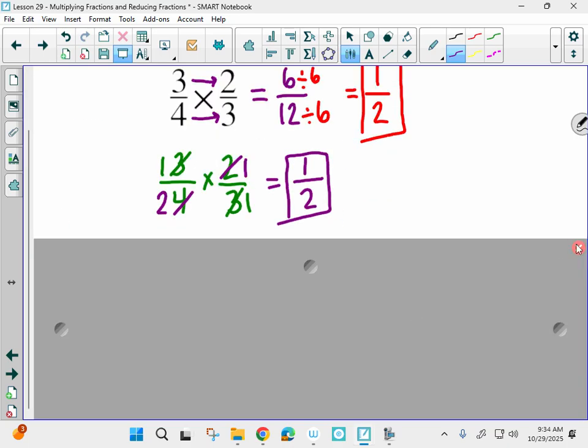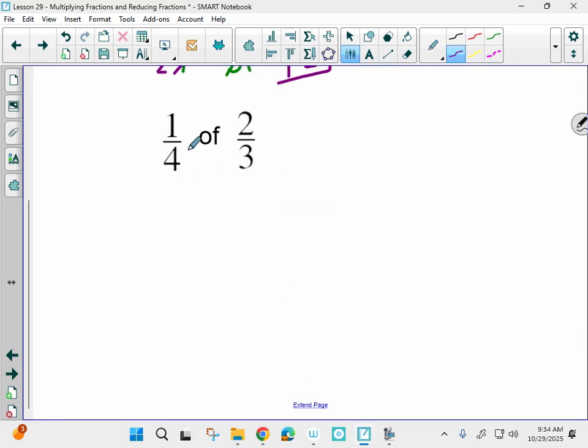Let's try another one. 1/4 of 2/3. So of means multiply. And I like to check, does anything cross cancel? And yes, I have that 2 and 4 again, right? So I divide this by 2, which is 1, and I divide this by 2, which is 2.